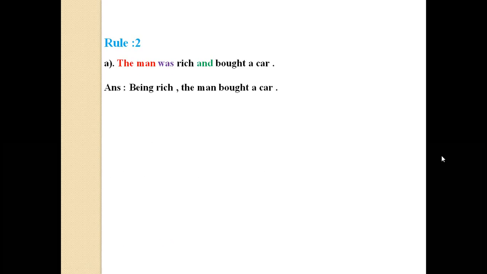At first, omit the subject and use ing with the be verb, so it will be being rich. Omit and, use a comma and write the subject again. So the answer will be being rich, the man bought a car.